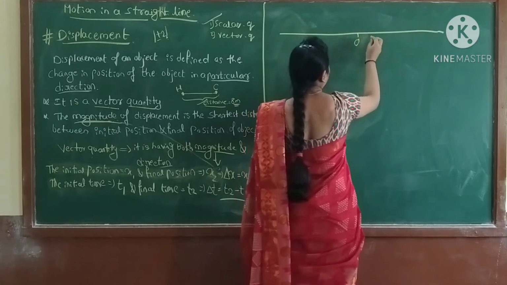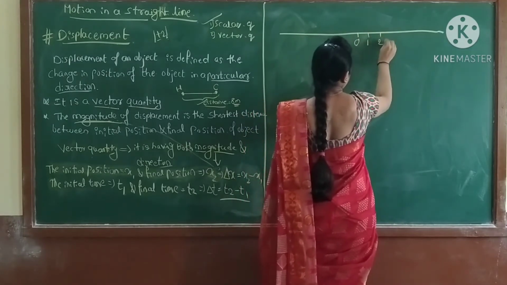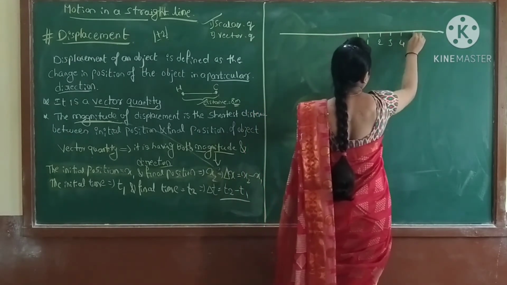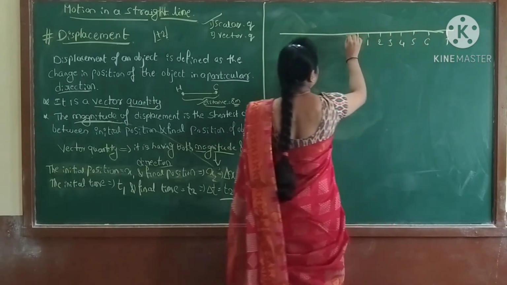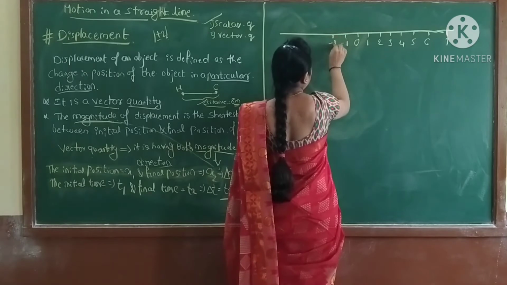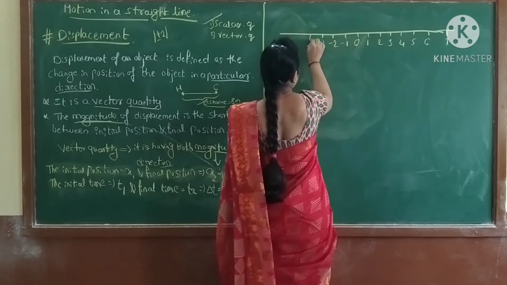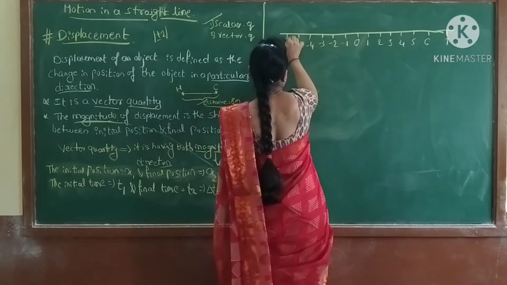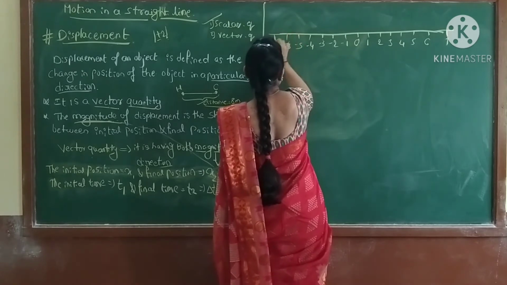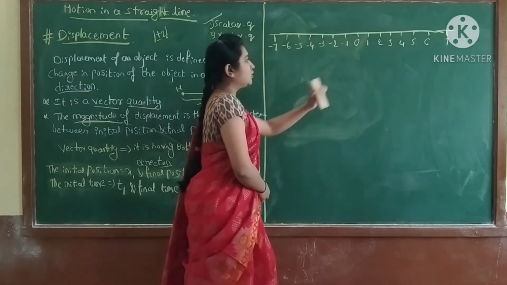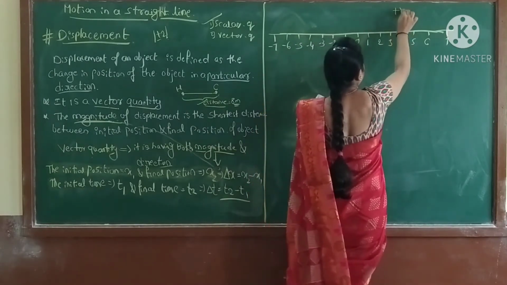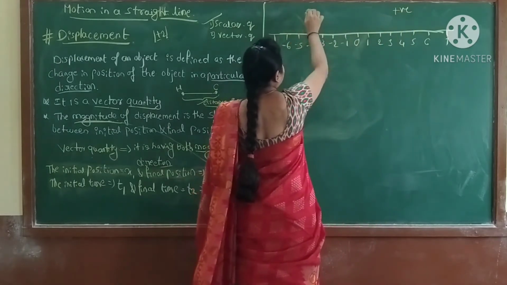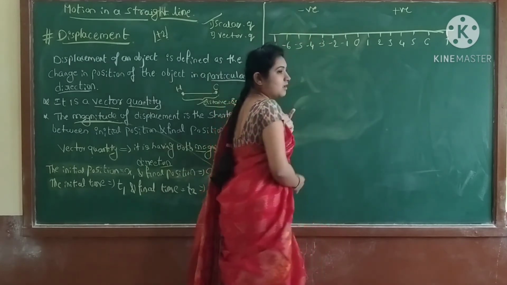And here it is 0, 1, 2, 3, 4, 5, 6, 7. And here -1, -2, -3, -4, -5, -6 and -7. So 0 होगा इस साइड हो रहे पॉजिटिव we know and left side बन रहे negative. Right?